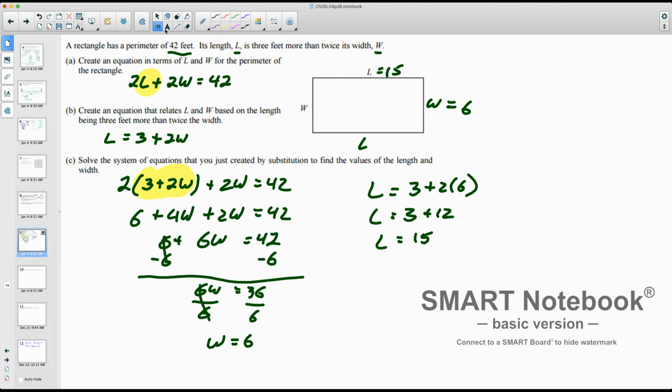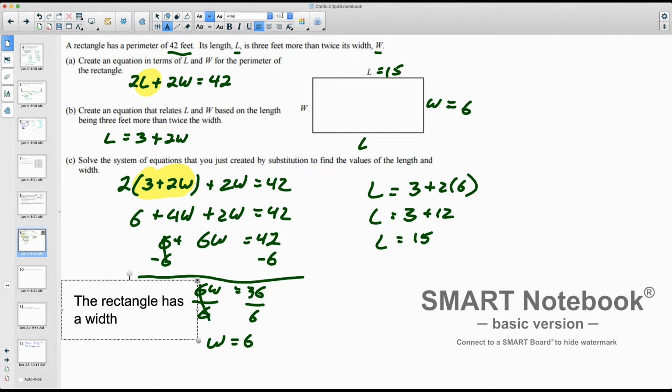So we're going to just write a quick sentence. The rectangle has a width of 6 feet and a length of 12 feet.